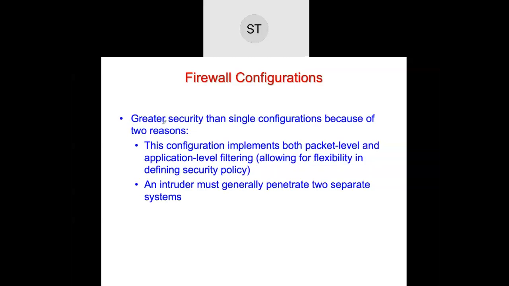So it has better security than the single configuration. An intruder must penetrate two separate systems, one is the packet filter, one is the Bastion host. Any intruder can come here, but passing this Bastion host is complicated. And when he comes here, he feels that he is inside the network, but no machine is visible.